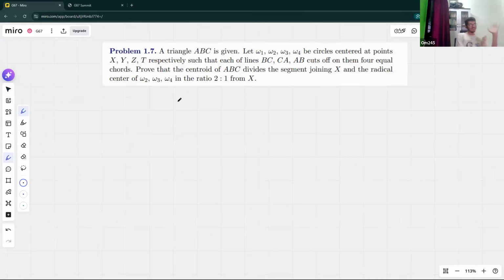Okay, let's do this problem. What does it say? Center at x, y, z. Let's go quickly. So each line.